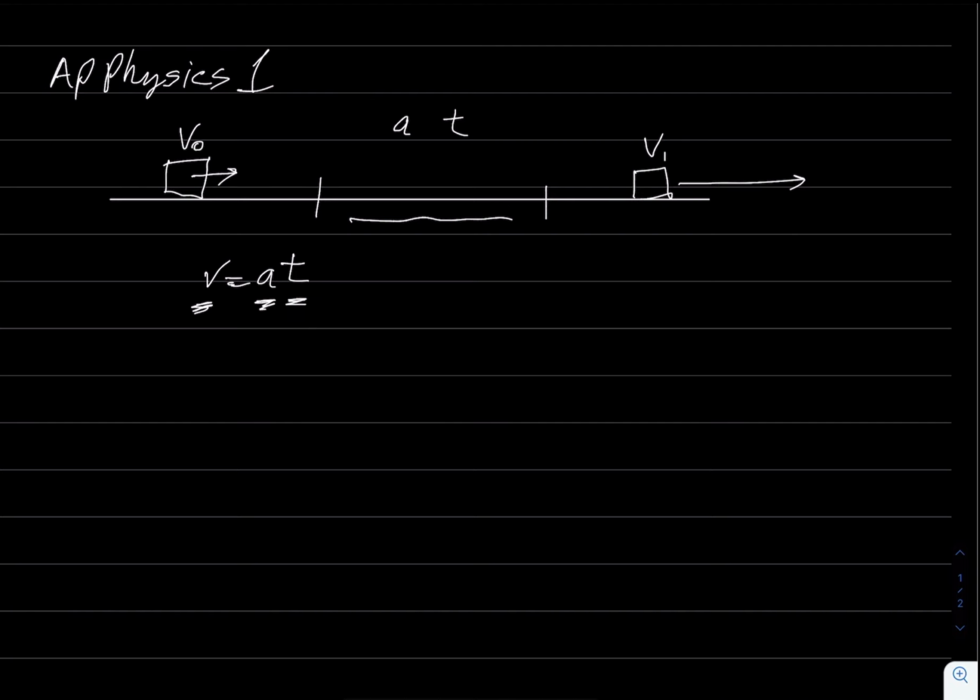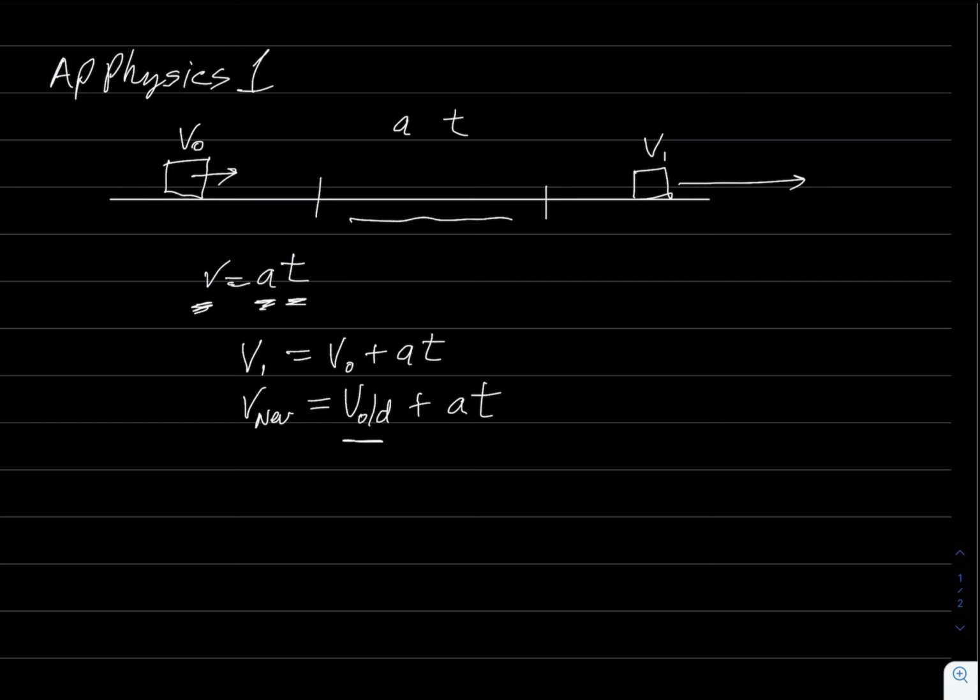Or, let's be a little more rigorous about how we write it. v sub 1 equals v sub naught plus at. Or the way I like to do it is v sub new, your new speed, is your old speed, v sub old, plus at.